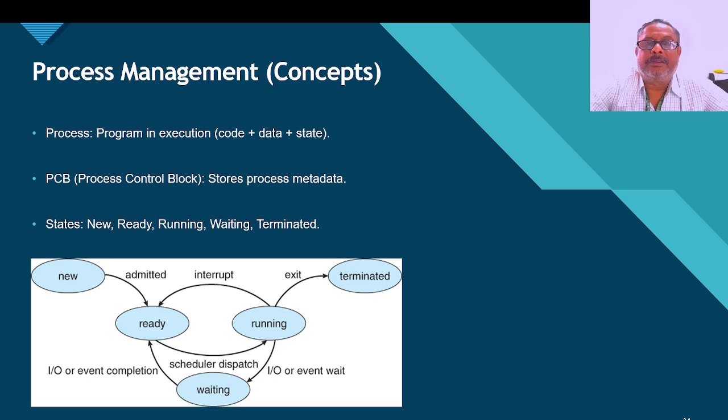So we can stop the process and keep it in the waiting state, waiting for that particular event to happen, maybe a reading or writing event. Once the event is completed, the process gets back into the ready state.